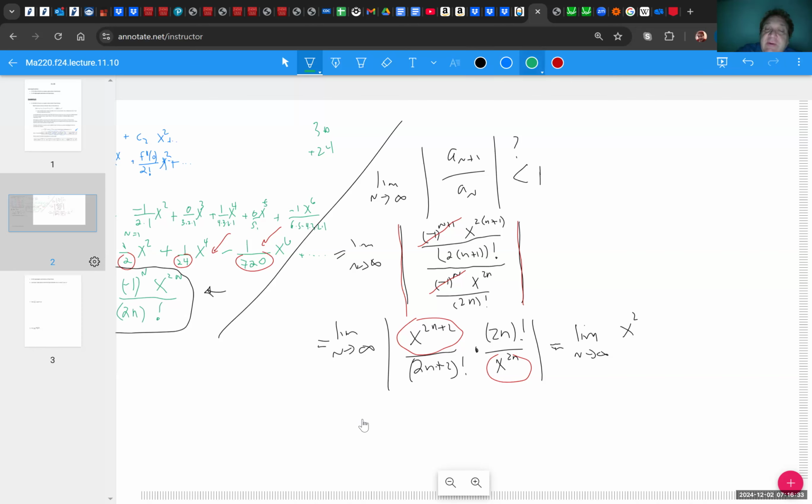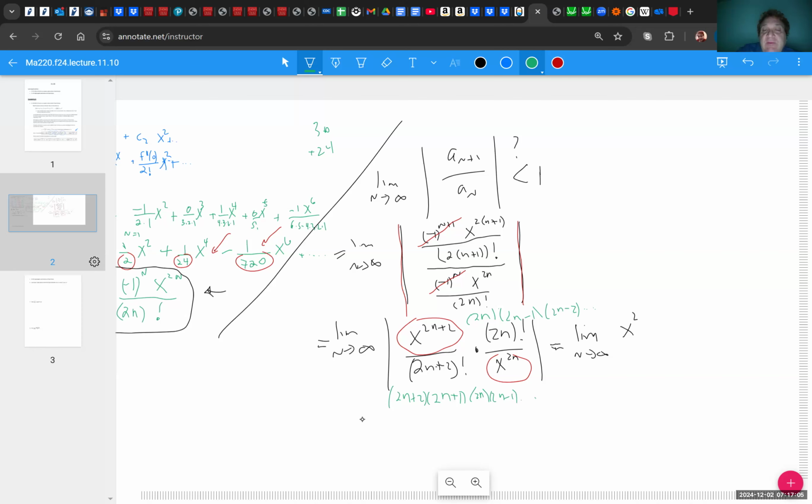And let me just remind you, 2n factorial means you start with 2n, and then you multiply by one smaller than that. So 2n, one smaller would be 2n minus 1, and then one smaller would be 2n minus 2, and you go all the way down to 1. 2n plus 2 factorial would be 2n plus 2, and then you multiply by one smaller than that. What's one smaller than 2n plus 2? That's 2n plus 1. And then one smaller than that would be 2n, and then 2n minus 1, et cetera.